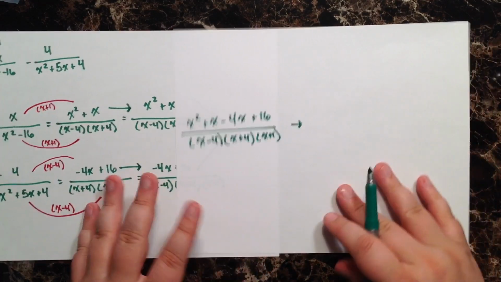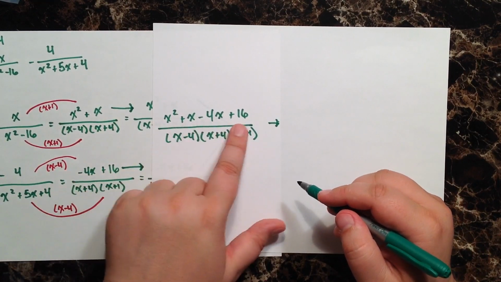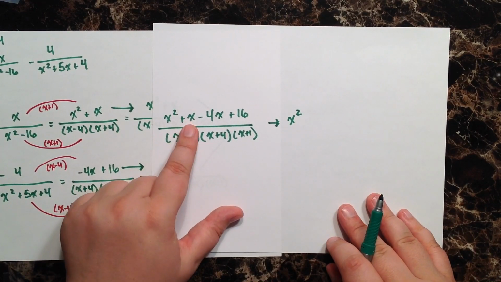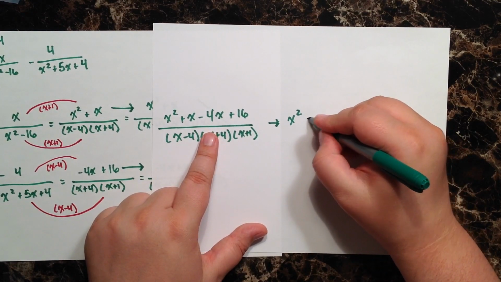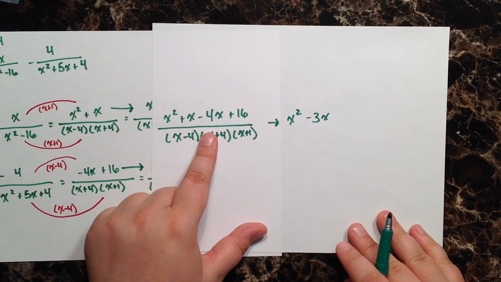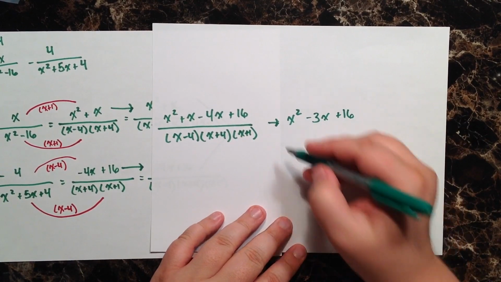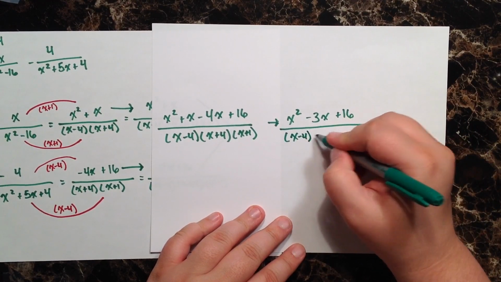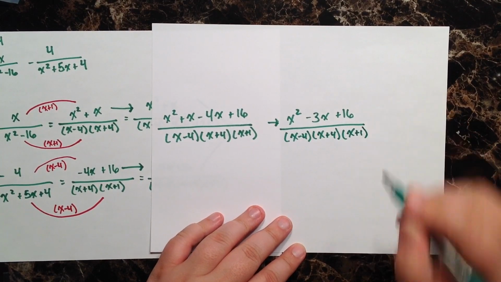The answer is yes. Do I have any other x squareds? No, so that comes over. I have a positive x and a negative 4x, so that combines to give me a negative 3x plus 16, all over my 3 common factors.